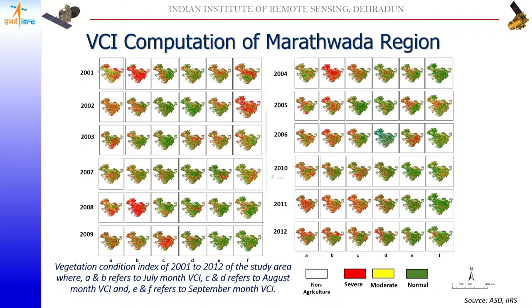How can we define it? If the lower VCI value or lower VCI scale is predominant in the month at the starting of the period, the start of the season, we can say it is an early season drought. If it is in the mid, it is a mid season drought. If it is late, it is a late season or terminal drought.